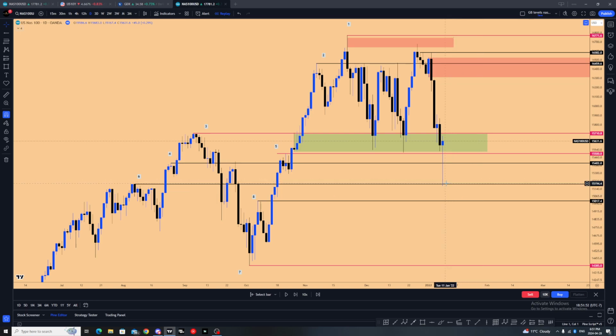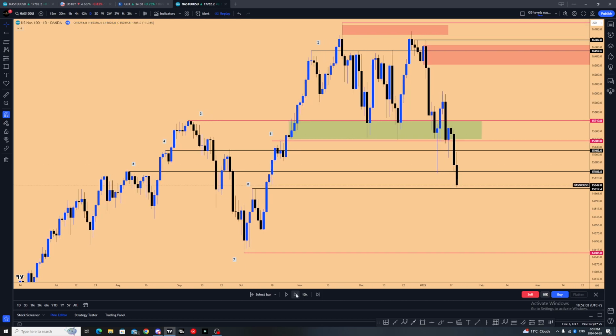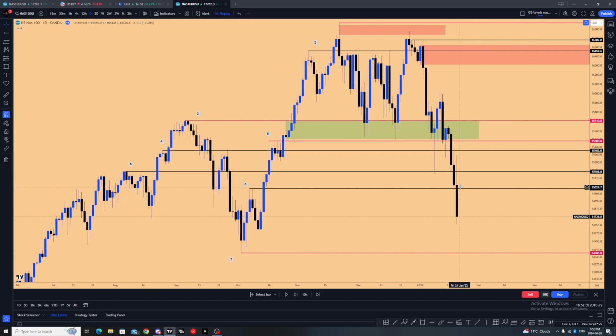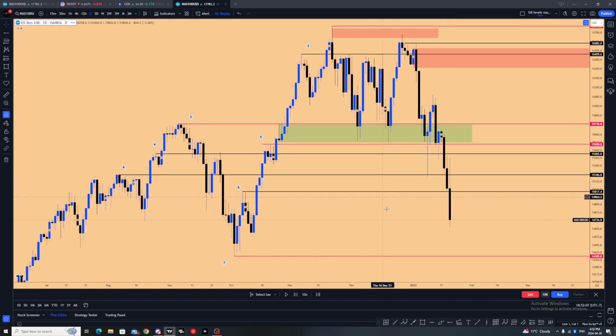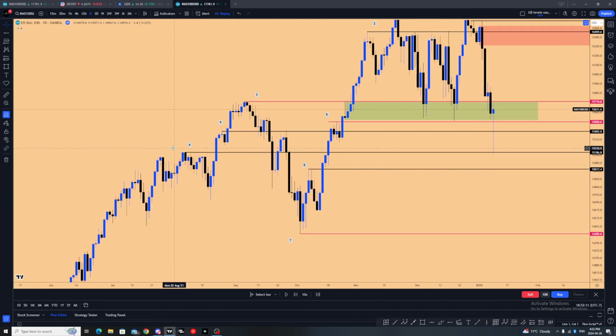Now the sixth one, even though I mentioned it's not an SR level, I will tell you why it's not an SR level. Even though you're seeing a reaction, it's not going to hold over here. See? Didn't hold. Just went down. So let me take back a little bit. Why is this not an SR level?